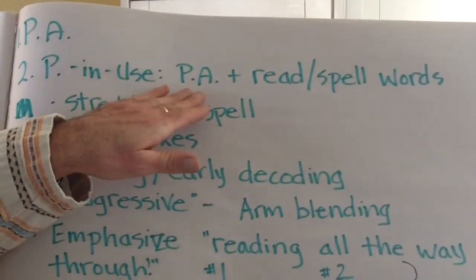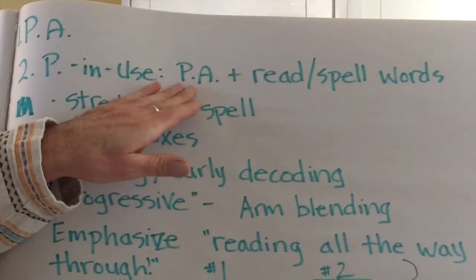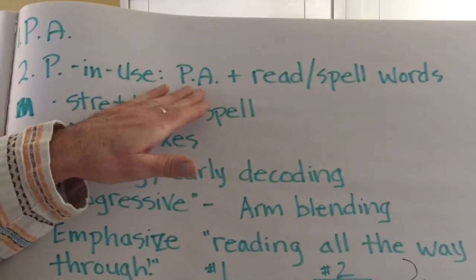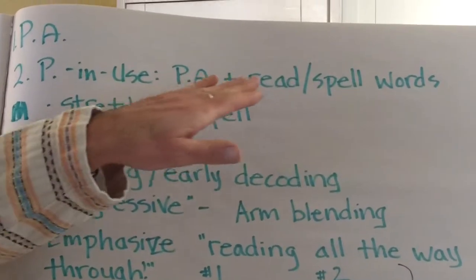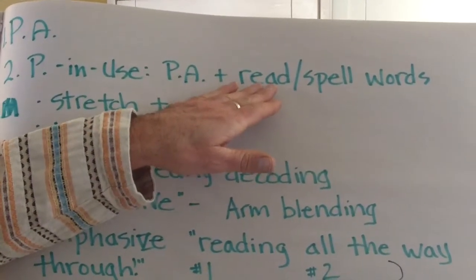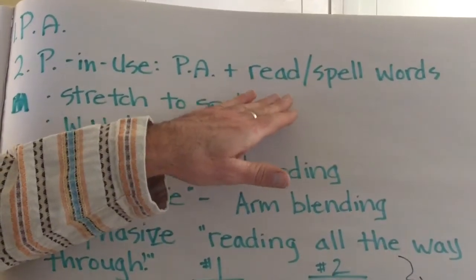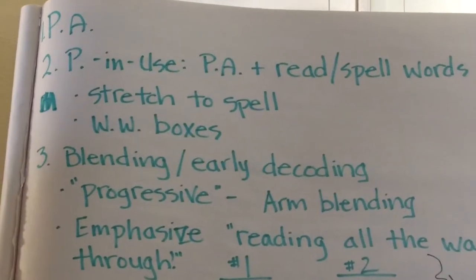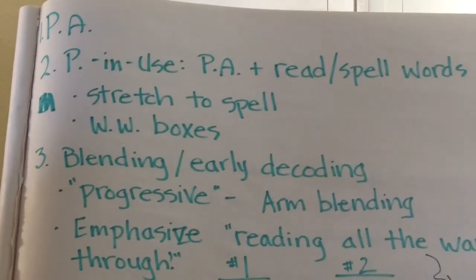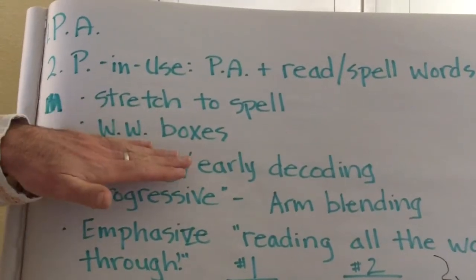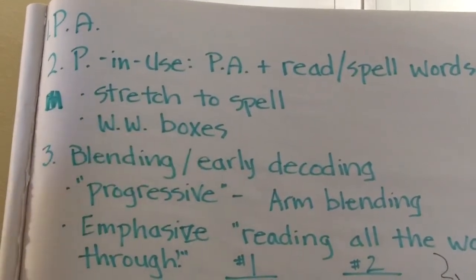These activities feature a continuing careful focus on segmenting or blending the phonemes in words, but add the element of letters to either spell or read words. So you are going to read about these, and hopefully that piece is pretty clear in describing them. But let me show you a couple, one on the spelling side, one on the reading side.